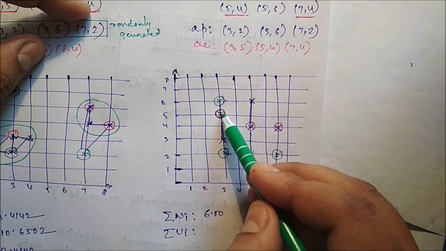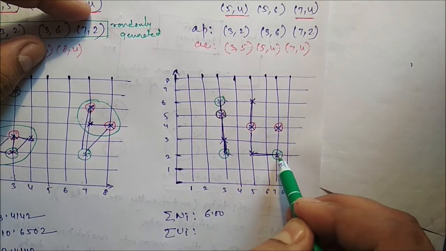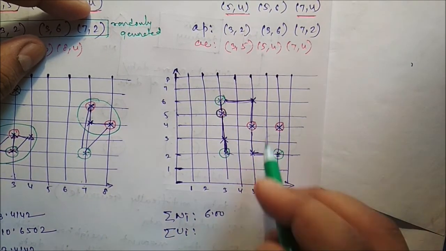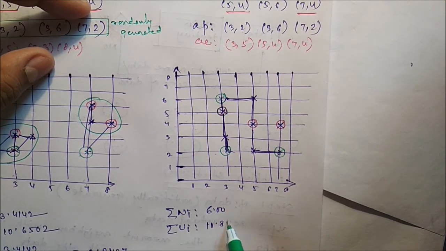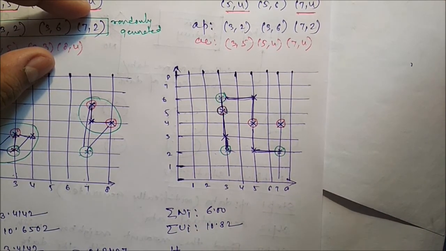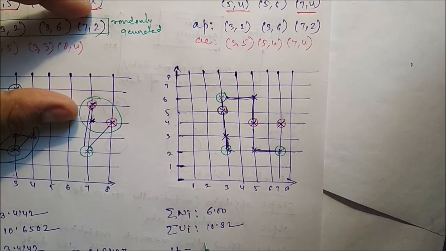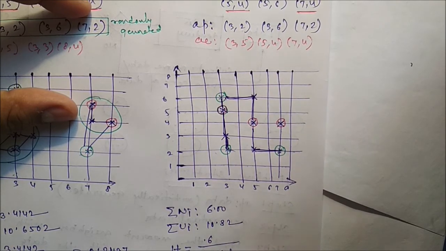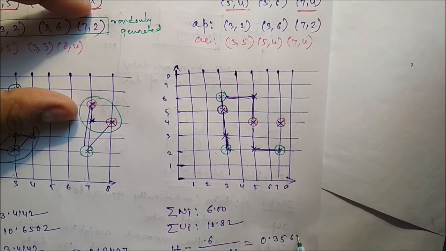So we have to add this distance plus this distance, plus this distance plus this distance. If you add all these distances, its value is 10.82, and you have to calculate the H value. Say this is H1 and this is H2. So here it is 6 divided by 6 plus 10.82, and its value is 0.3565.